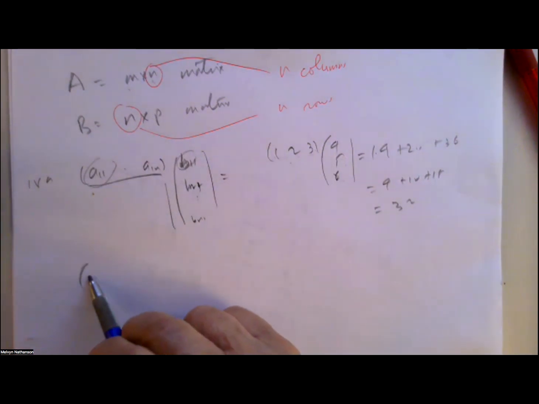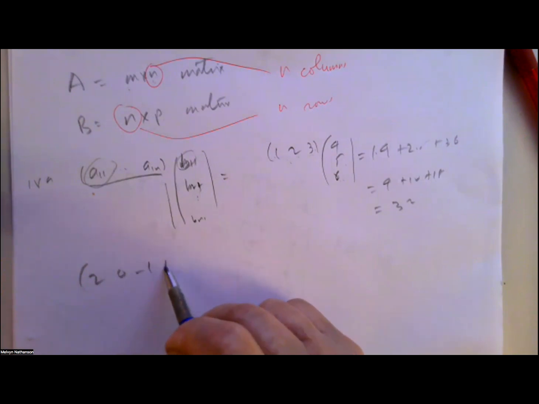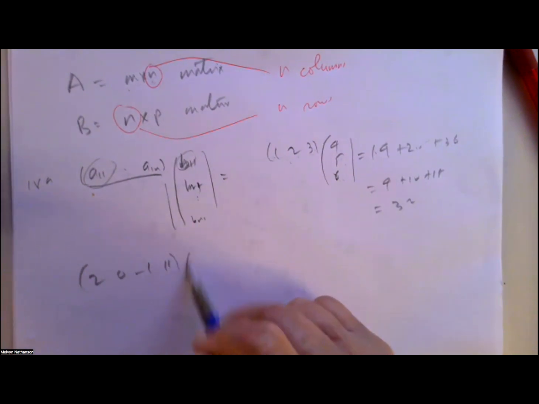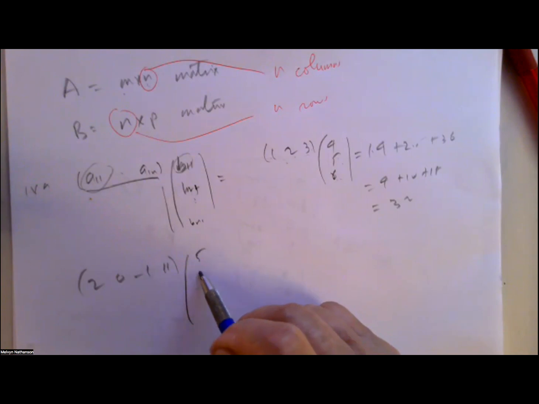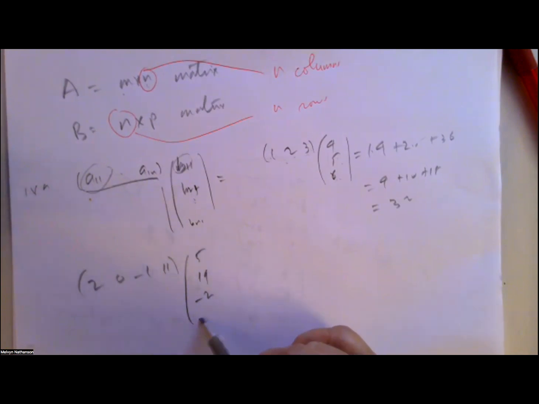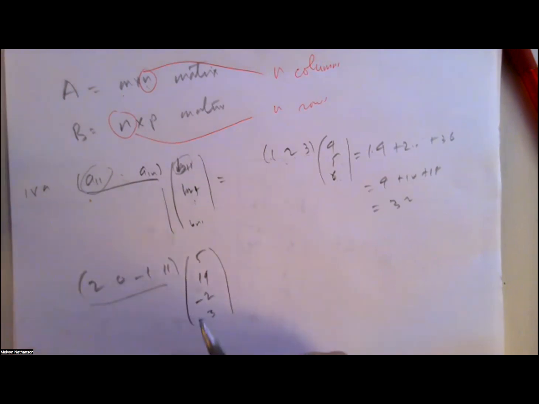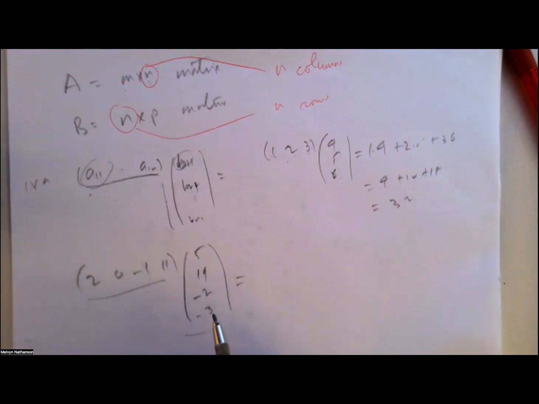Let's take another example. 2, 0, minus 1, 11 and 5, 19, minus 2, minus 3. So if you multiply this row by this column, you get a number. And what is the number? 2 times 5 is 10. 0 times 19 is 0.